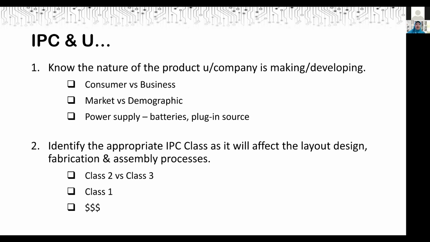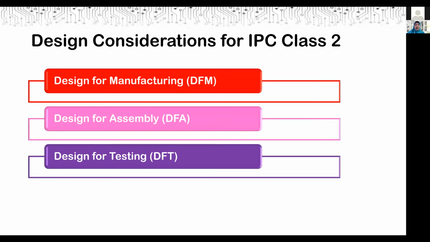Next, I will talk about the design considerations for IPC class 2. Why class 2, not class 1 or class 3? Like I said earlier, a major percentage of products around us are actually class 2. Class 2 is a general and rather standard classification that is recommended by IPC and practiced rigidly in Wizlogix for PCB layout design.